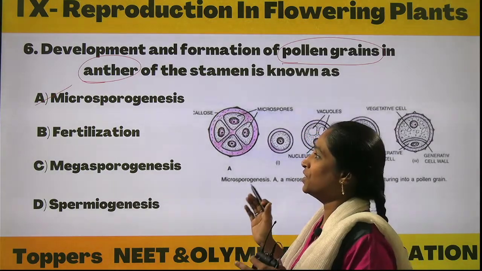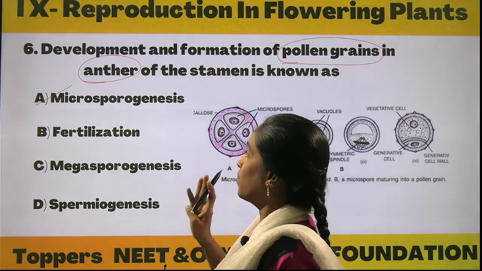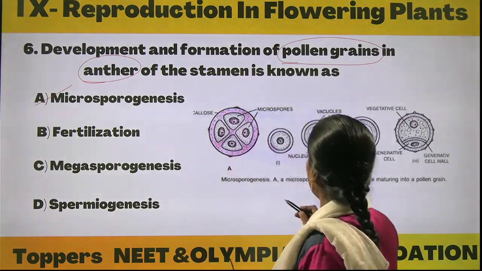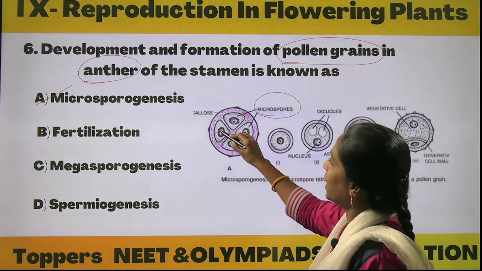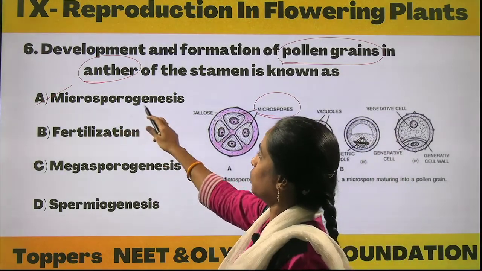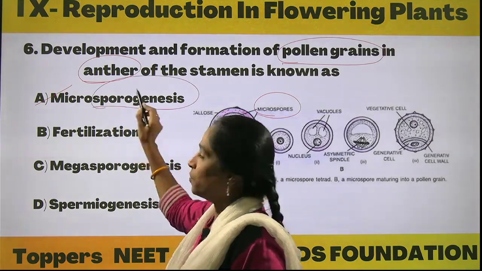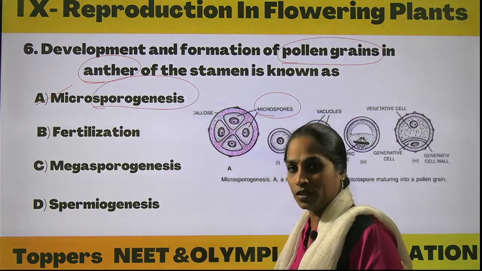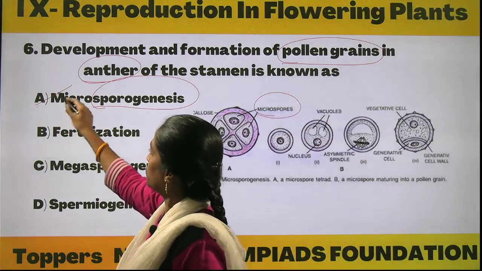In each pollen grain we can observe 4 sporangia. So those are the microspores. How many microspores are formed? 1, 2, 3 and 4. So these are the microsporogenesis. Sporogenesis in the sense formation, manufacturing of the male gametes, called microsporogenesis.